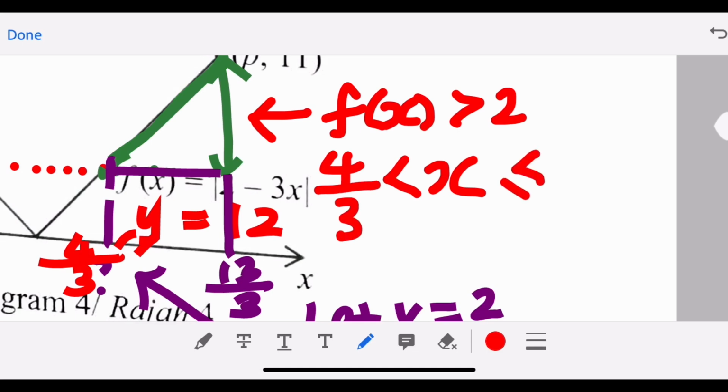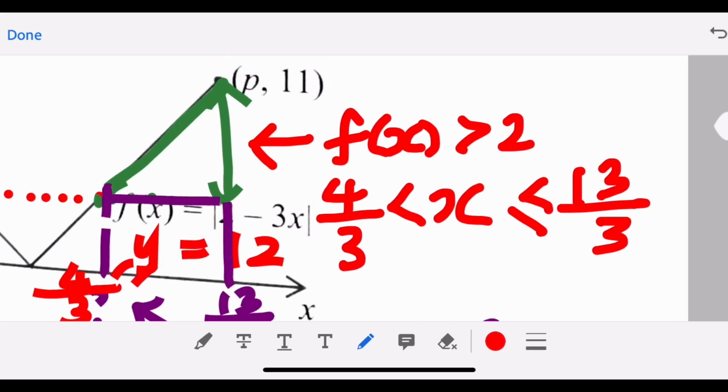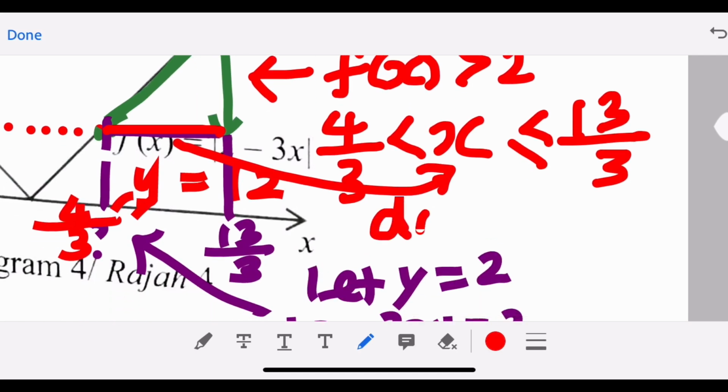So the x domain will follow x more than 4 over 3 and less than or equal to 13 over 3. And 13 over 3 can be equal because y more than 2 is inclusive of the last point, inclusive of 13 over 3. Now this is the so-called domain of the graph function.